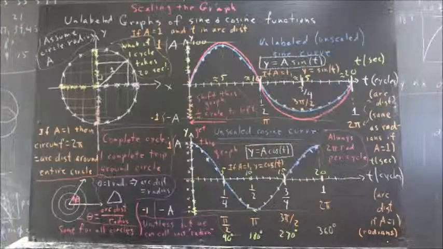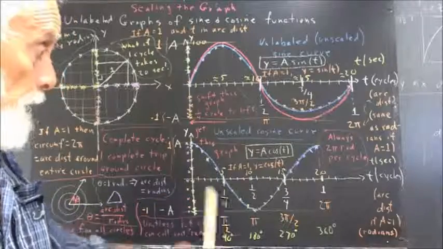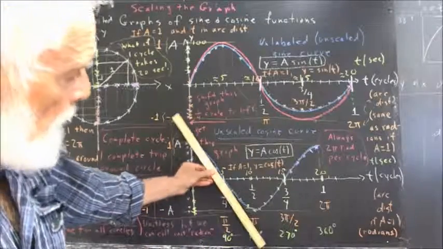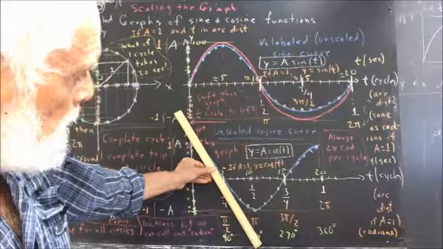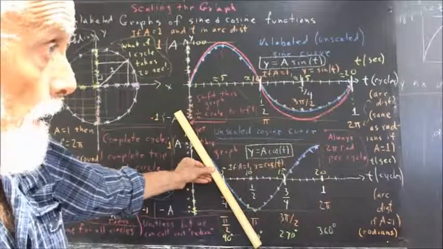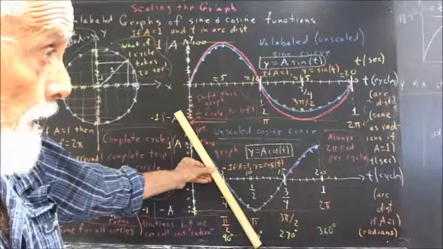An even more accurate estimate, if our graph is really good, could be obtained by just doing a tangent line, a line that runs parallel to the graph right at the center. And I'm going to actually sketch that off camera.